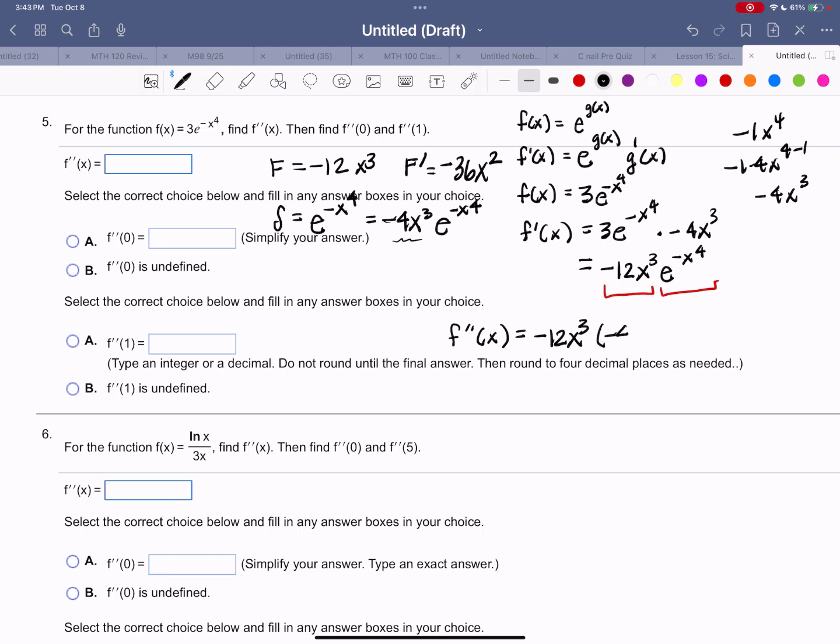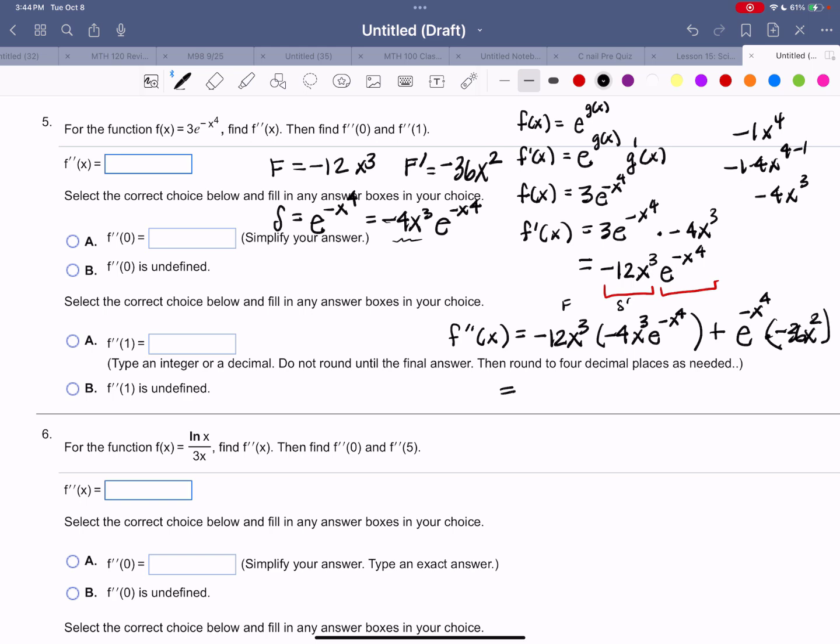I'll use parentheses for now. You could use a dot, but negative 4x to the third, e to the negative x to the fourth. First, derivative second, plus the second, e to the negative x to the fourth, derivative of the first, use parentheses, negative 36x squared.